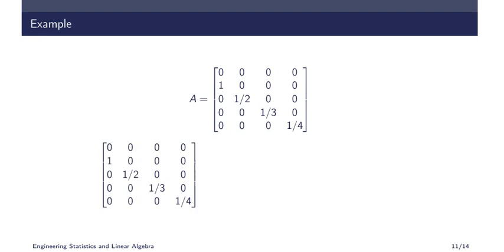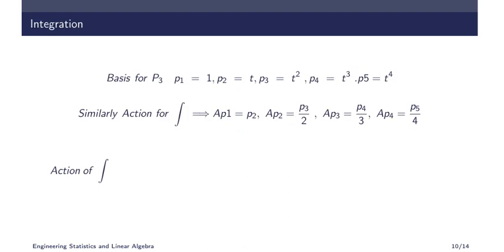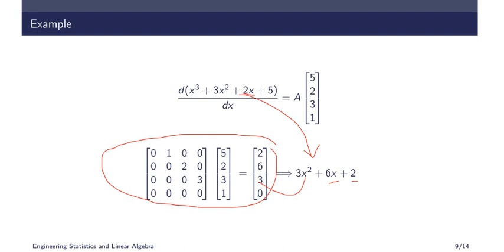Now if you multiply in the same way with this one which we have used earlier, the function we have used is x cube plus 3x square plus 2x plus 5, or it is represented as 5, 2, 3, 1.